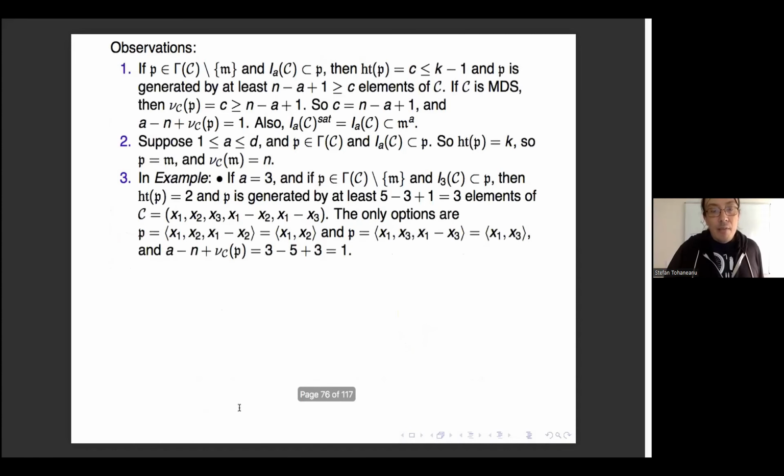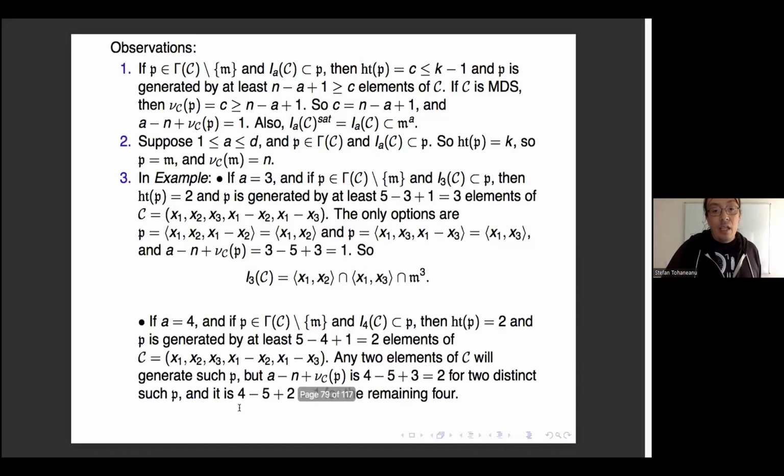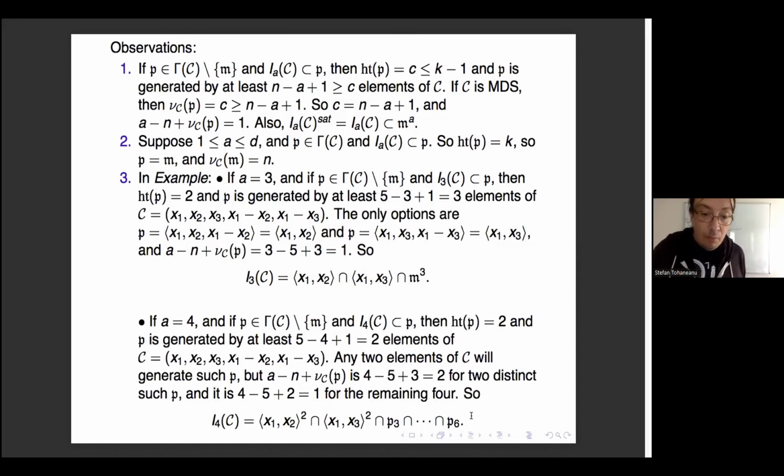For the example, I look at two special cases, and I'm running out of time. So we get this primary decomposition for I_3, and for I_4 we get this primary decomposition. Again, if you want to see the details, I can share these slides with no problem. We can talk after.